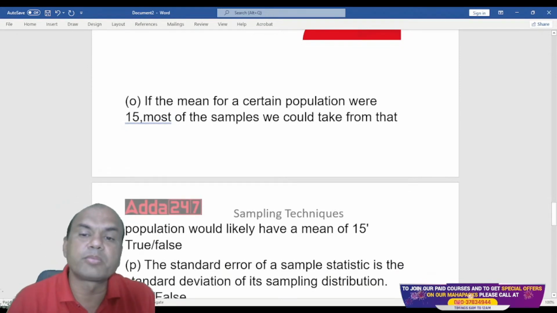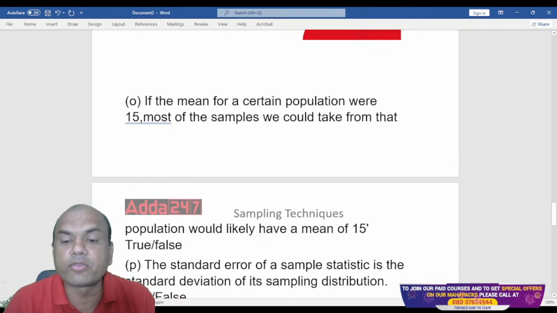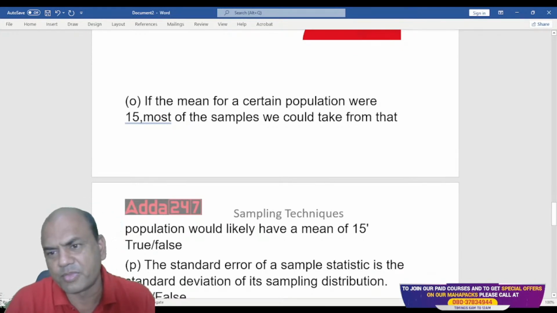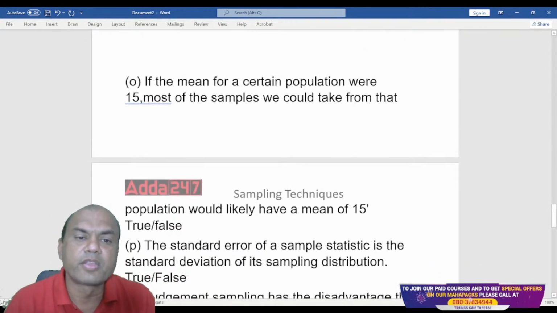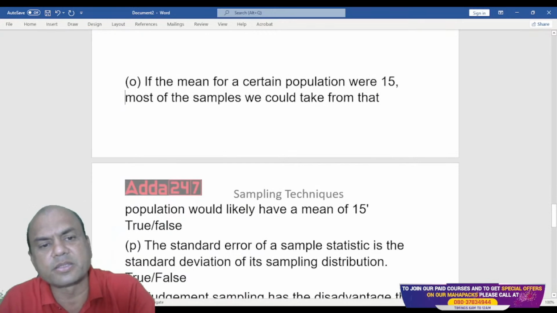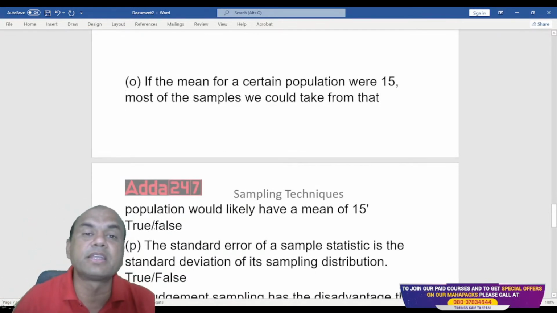The mean of a certain population was 15. Most of the samples we could take from that population would likely have a mean of 15. Is it true? Suppose there is a city and the average salary of that city is 15,000.